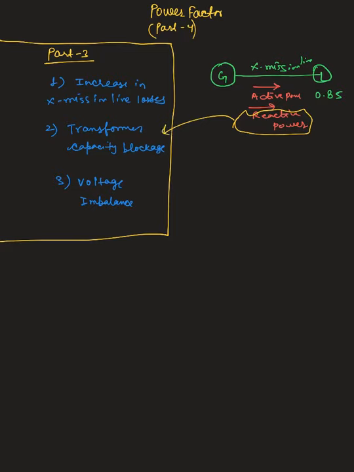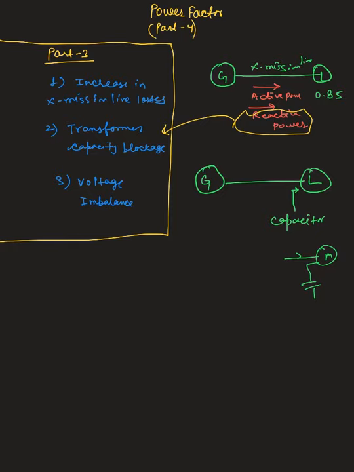Now there is a simple solution to this. I will draw the same arrangement. There is a grid, there is a load, and I'll simply connect a capacitor here at the load end. Suppose this load is a motor, so with this motor there will be source, and then I'll connect a capacitor bank here.